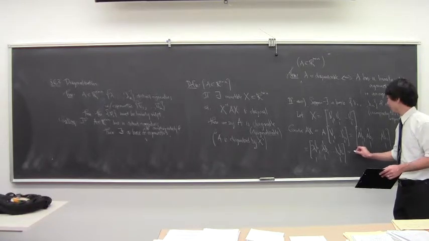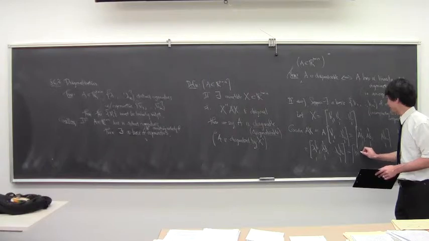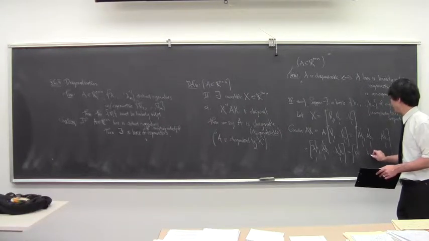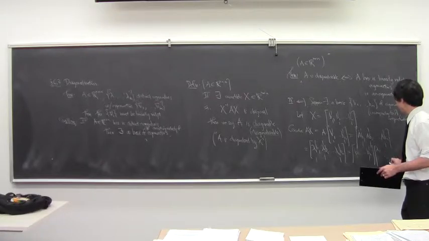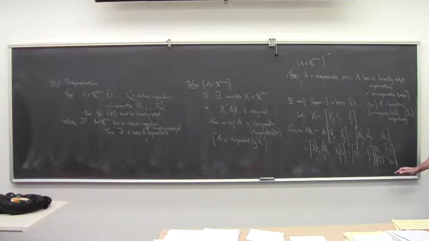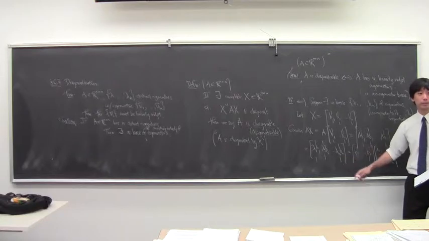But you can rewrite this as B1 through Bn times the diagonal matrix consisting of the eigenvalues down the diagonal. If you multiply these things together, you're going to get this.